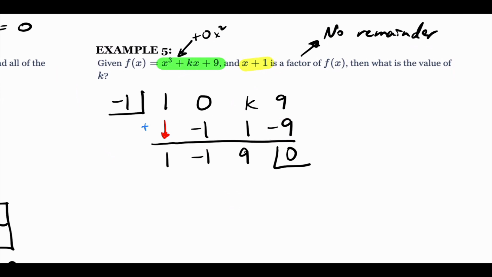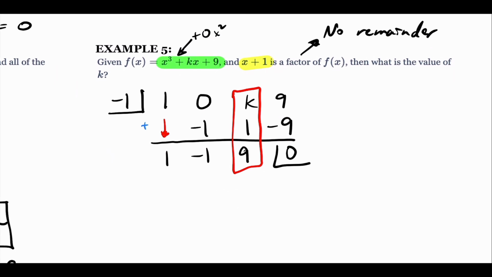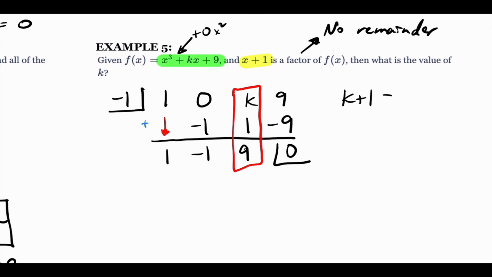Okay. So now we're going to focus here. So k plus 1 equals 9. What does k equal? Yep. You can subtract 1 from both sides, or you can just say, oh, k equals 8. It's kind of mental math you can do.